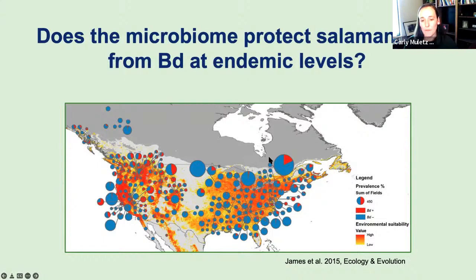What you see is that for the most part in the Eastern United States, BD prevalence is low, so BD is generally thought to be at an endemic level. In other parts, say in Colorado and places in California, there is some indication that BD is more at an epidemic level. But here, where we're sampling the salamanders, it's endemic.